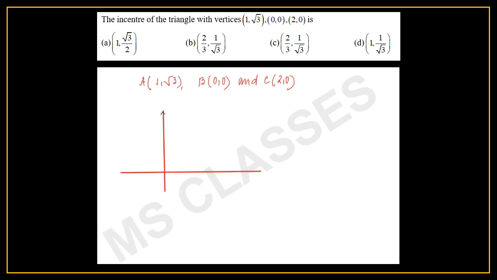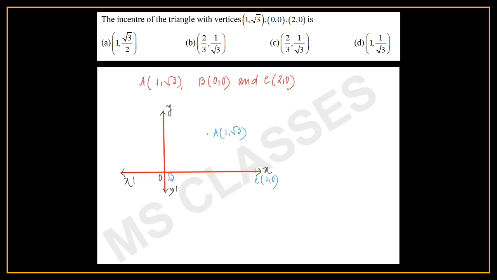So this is the y-axis, this is the x-axis, this is the origin, this is y prime, and this is x prime. The origin is represented by B. A is (1, root 3), and we have the point C on the x-axis, (2, 0).